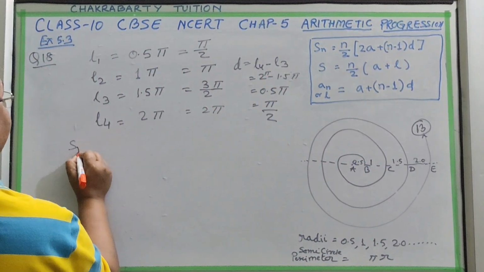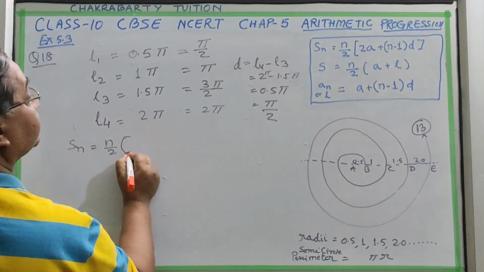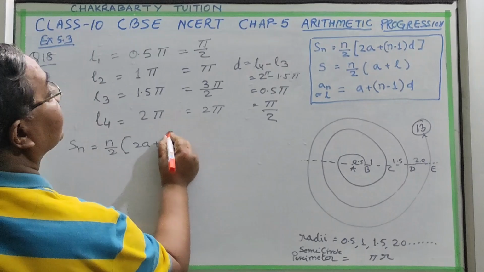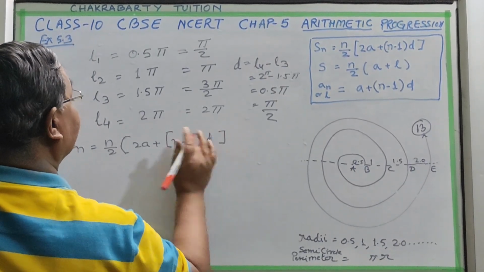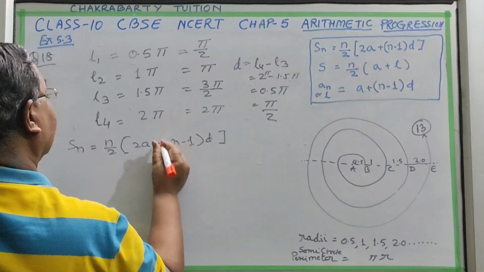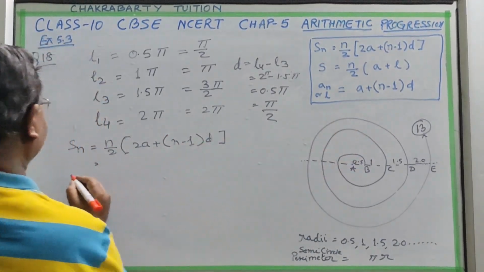So Sn is equal to N by 2 times (2A plus (N minus 1) D). There are 13 semicircles, so N is 13.